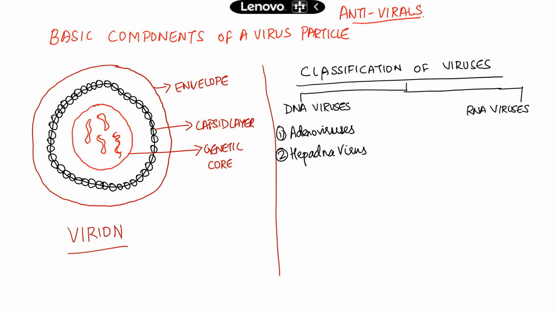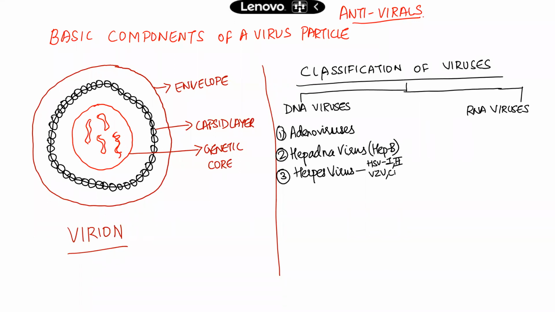The hep stands for hepatitis, mostly hepatitis B. And third, you have herpes virus. Herpes virus is a very big family, and you might remember that you have herpes simplex virus type 1, then type 2, and then varicella zoster virus that causes chickenpox in children and shingles in adults.